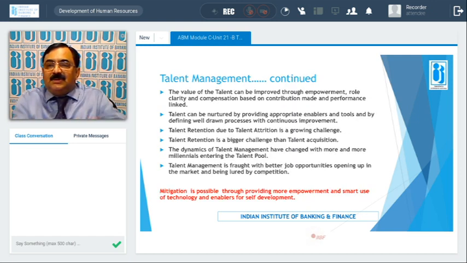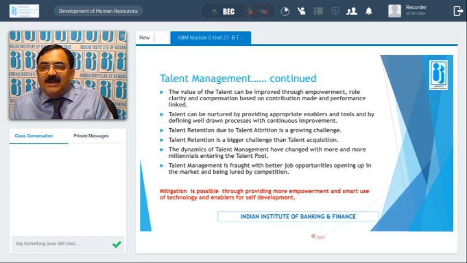Going forward, the value of the talent can be improved through empowerment, role clarity, and compensation based on contribution made and performance linked. In today's competitive work environment and market conditions, improving the value of the talent is very important. How this can be done is through empowerment, providing the required tools and guidance.